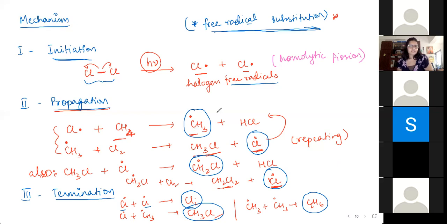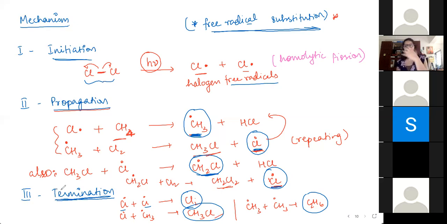Suppose a particular half reaction ends up producing more free radicals, that means the reaction is still propagating, so that will come under propagation. If the products contain completed molecules, with no more free radicals, then that is a step of termination.